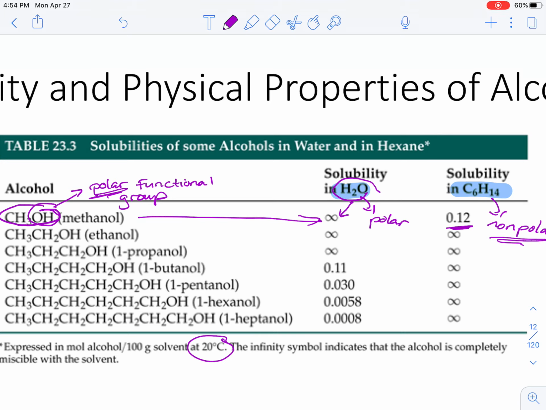And so if you guys are looking at ethanol and propanol, notice that these two substances are equally soluble in both water and a nonpolar solvent, such as benzene or cyclohexane.